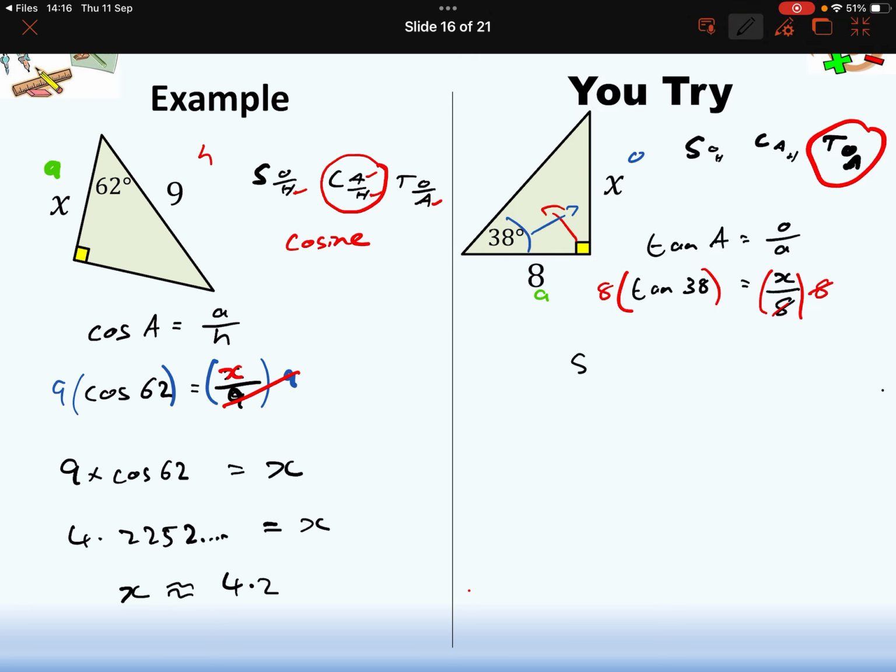So what I'm left with is 8 multiplied by tan 38, and that gives me x, the value of x. So in my calculator, 8 times tan 38. Now in your calculator, just be careful to close any brackets that you need to close, or it might give you an error. That gives me 6.25028 and loads more decimals equals x. So if I want to round that to 1 decimal place, it's 6.3.